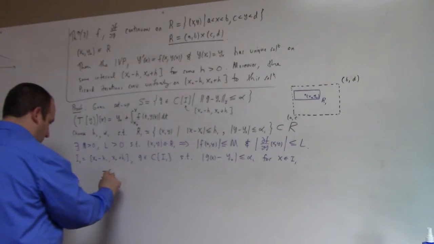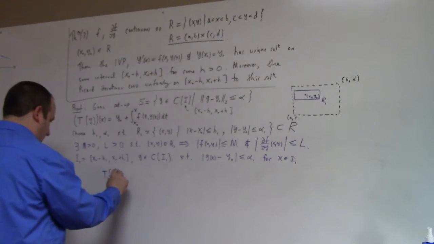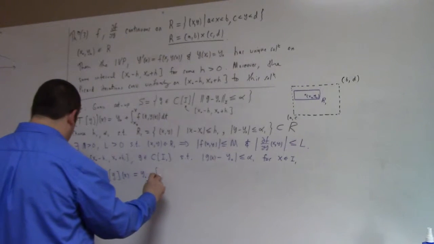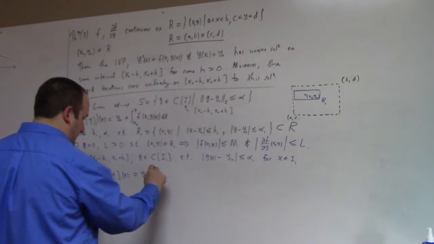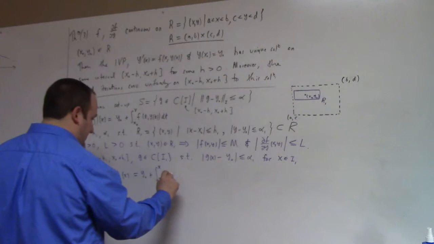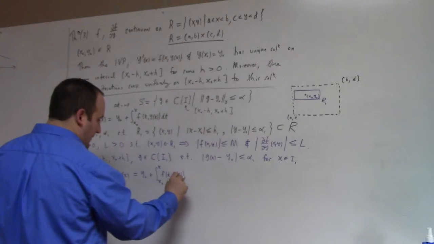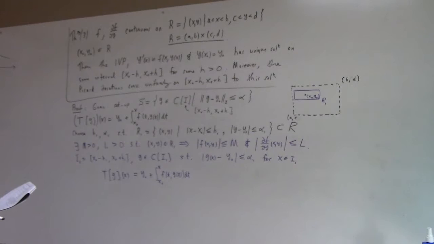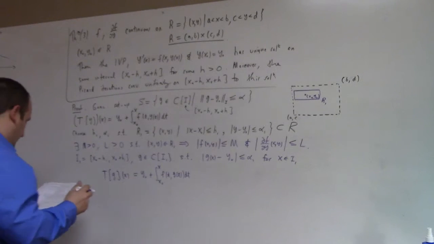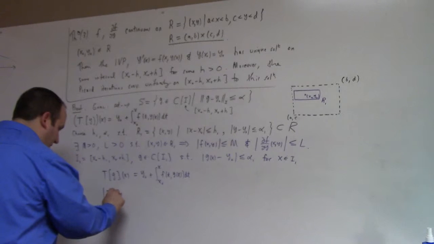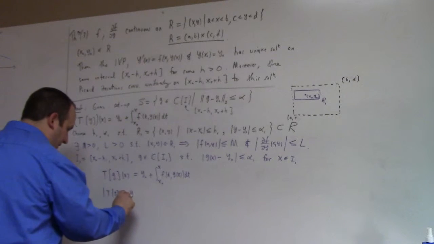T of g of x is equal to y naught plus the integral from x naught to x. That's just the definition of the T, right? So far, so good. And then what he wants to do is look at the absolute value of T of g of x minus y naught.